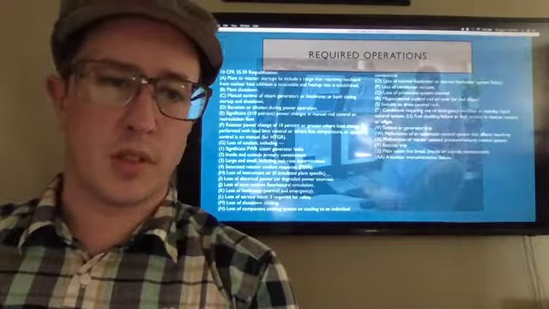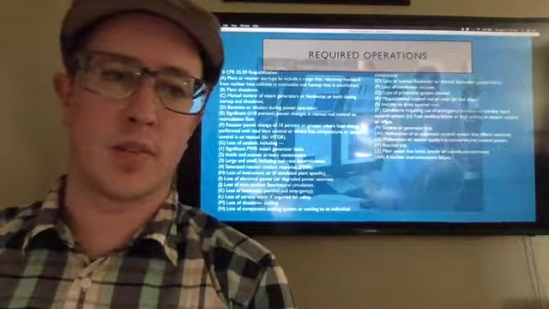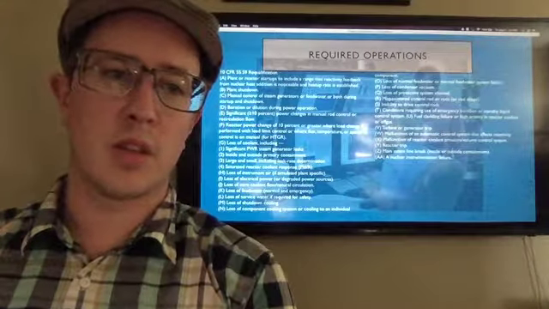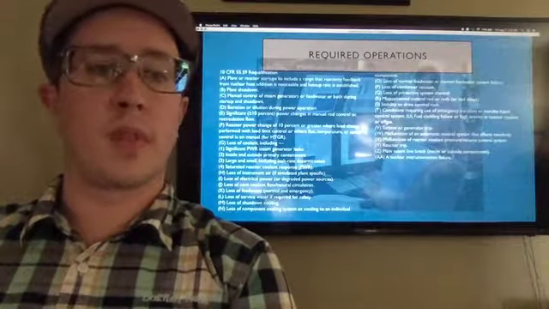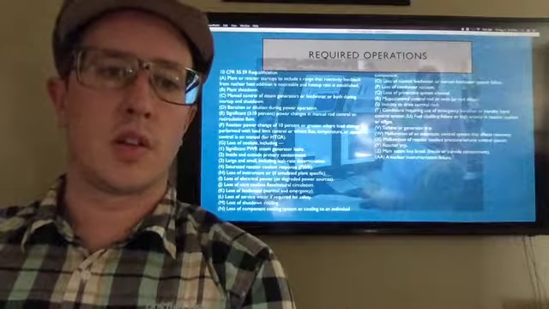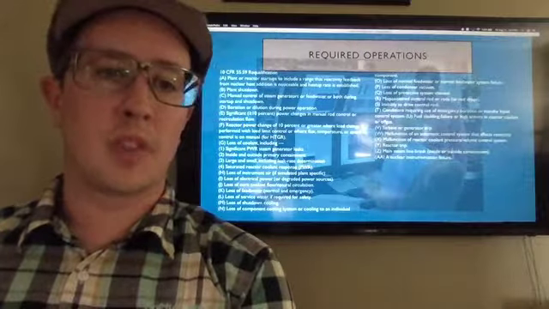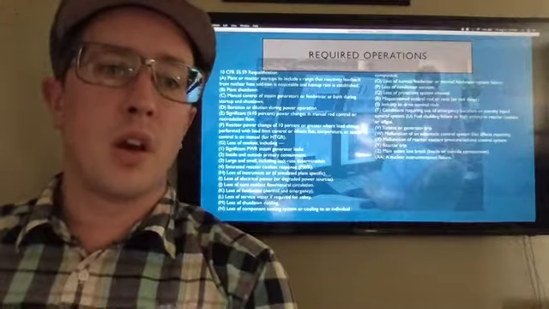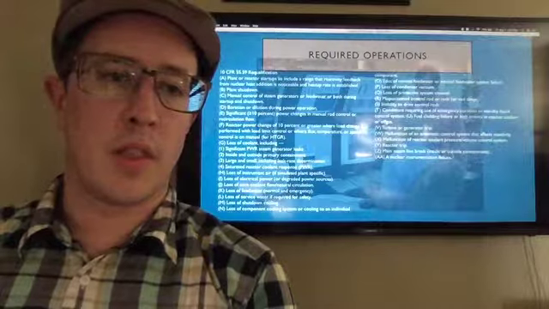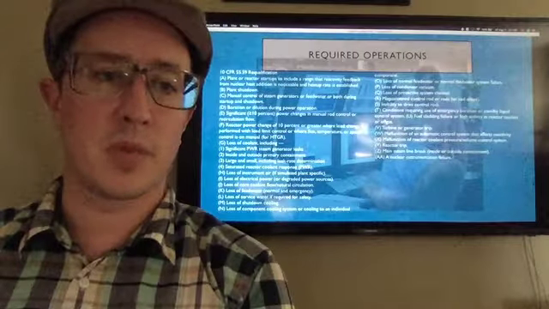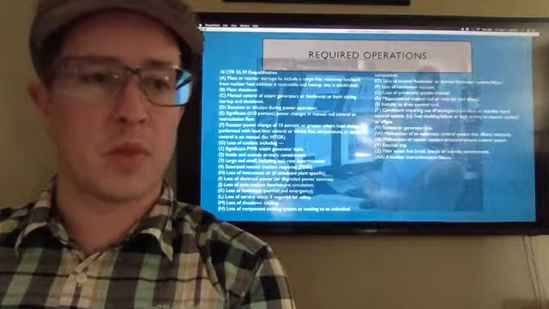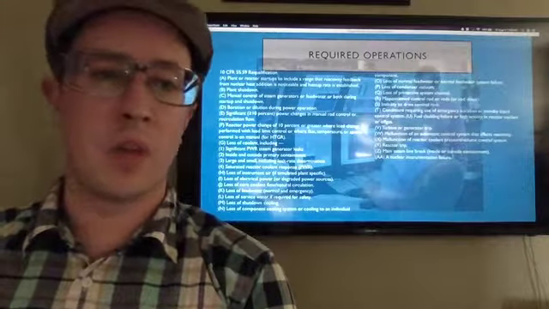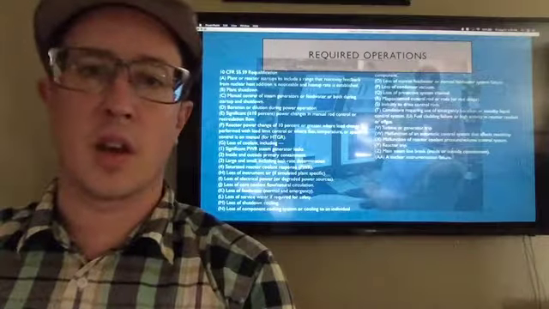But then there's also the second list that is listed in the requalification section of 10 CFR 55, part 59. This actually has a list of A all the way through Z and then AA of different evolutions that the operator must perform while going through training, and this is going to include things that require them to perform dynamic plant operations.